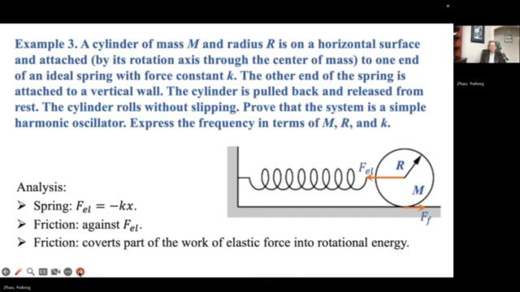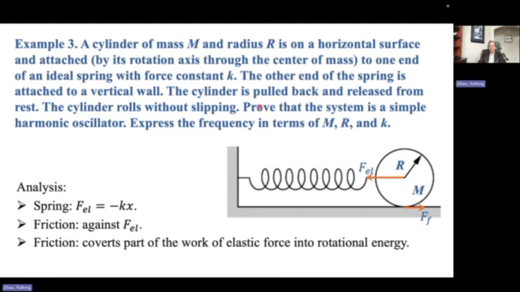So, the cylinder of mass m and radius r is on a horizontal surface and attached by its rotational axis, through the center of mass, to one end of an ideal spring with force constant k. The other end of the spring is attached to a vertical wall here on the left side.